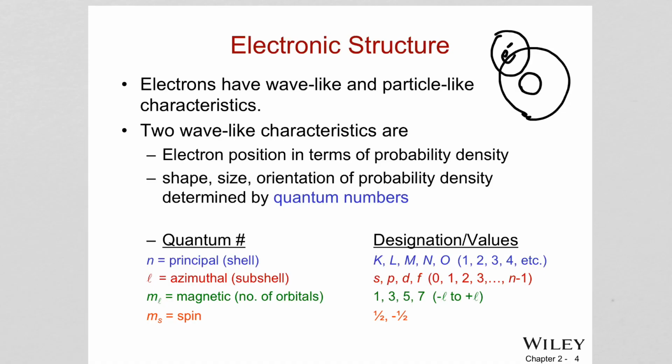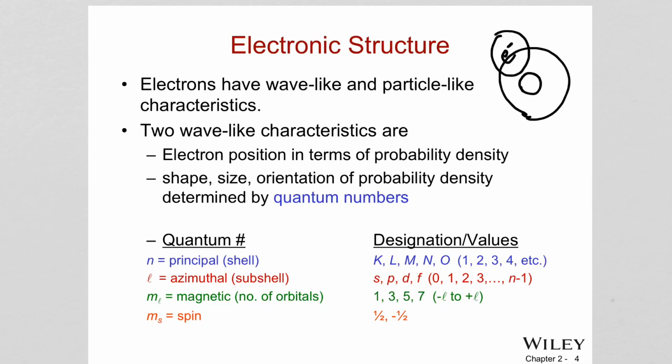The size, shape, and orientation in space of an electron probability density are specified by quantum numbers. Think about quantum numbers as describing the precise location of electrons.